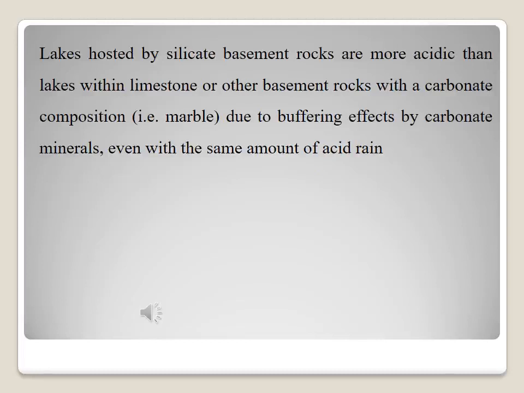Lakes hosted by silicate basement rocks are more acidic than lakes with limestone or other basement rocks with a carbonate composition, that is, marble, due to the buffering effect of carbonate mineral, even with the same amount of acid rain.